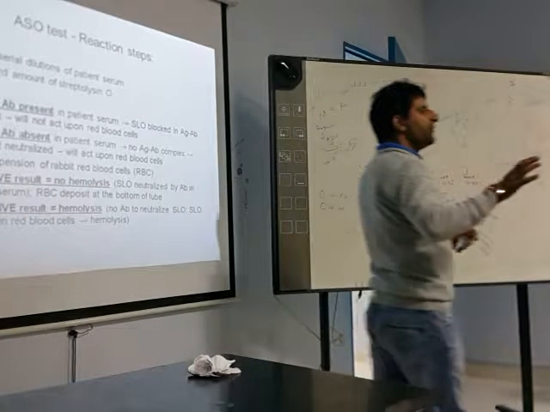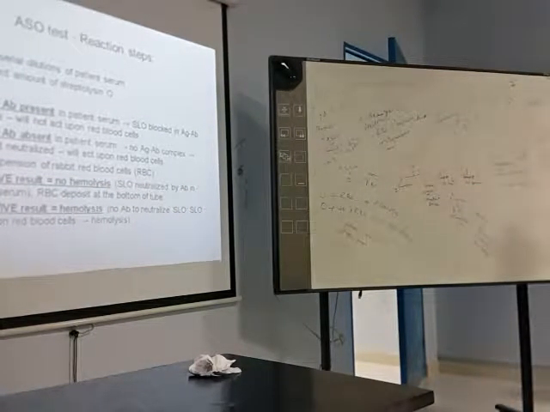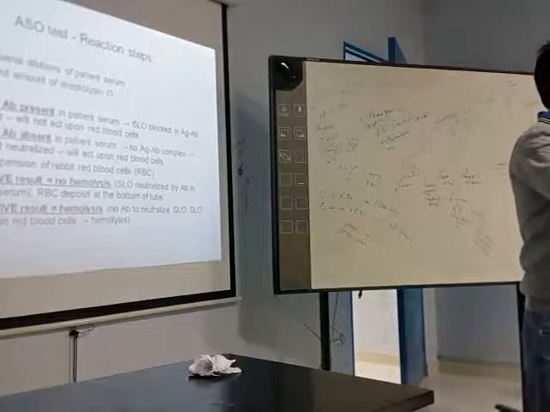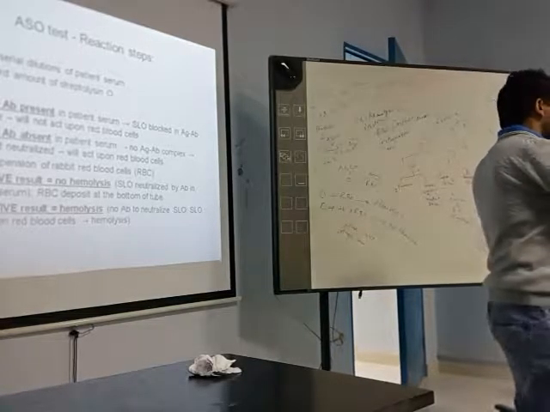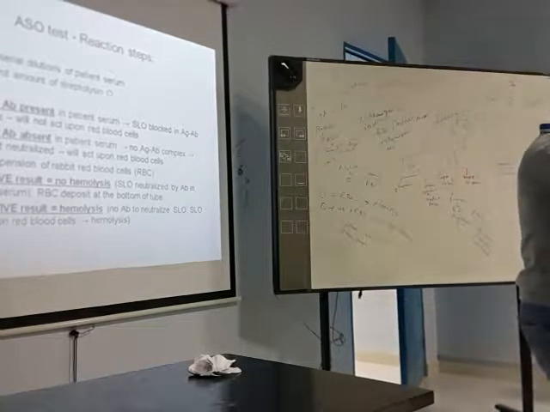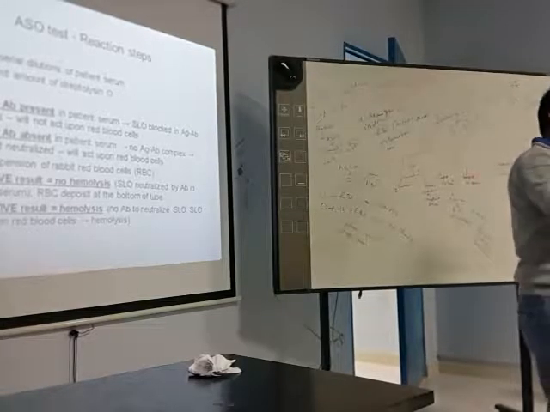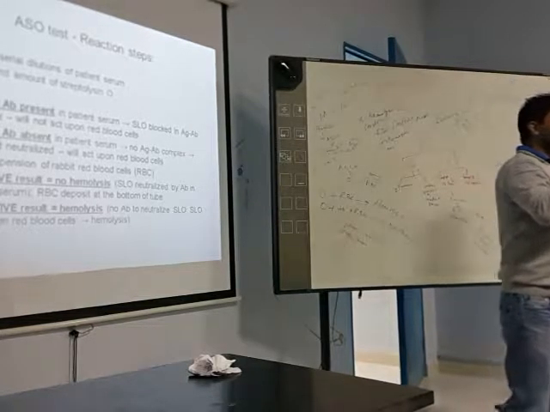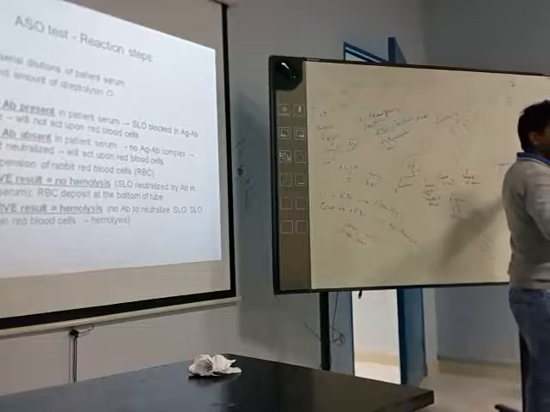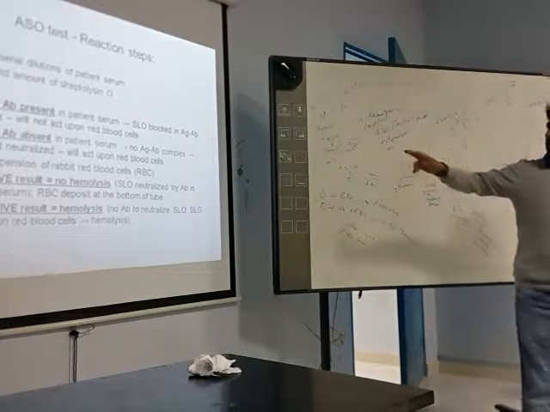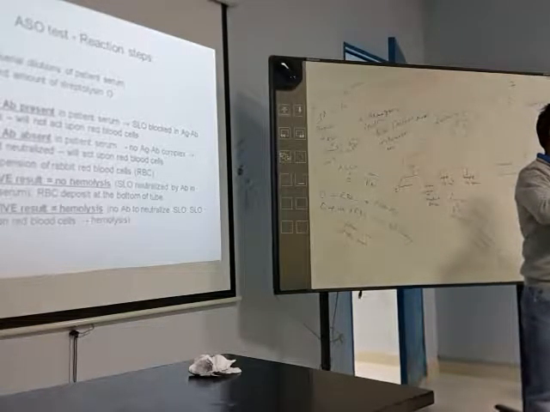When Streptococcus pyogenes enters the human body, it produces two types of toxin, the O and S. O is called oxygen labile, S is oxygen stable. But the immunological reaction is produced only against O. O can cause hemolysis of the RBCs.